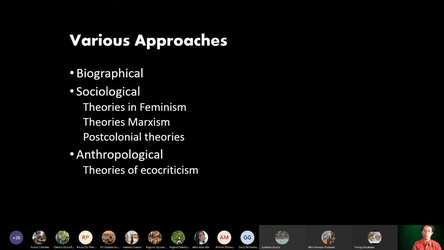That's included in anthropological. I believe you are all familiar with the relationship between sociology and anthropology. Sociology is about the structure of society, while anthropology is more about humans and how humans live their lives.